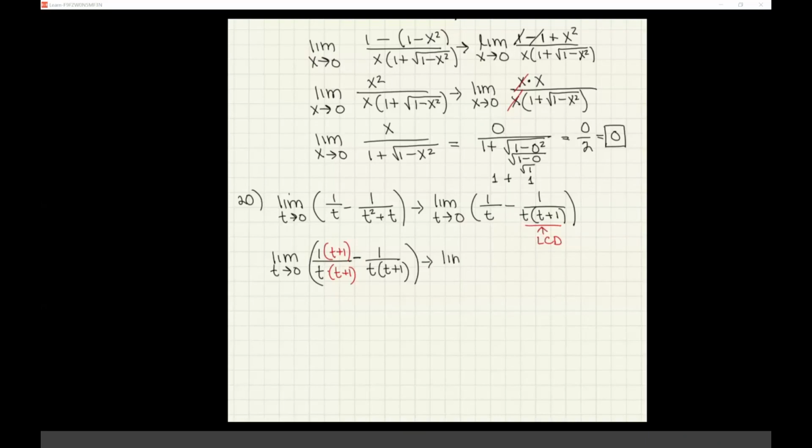So here's what this is now. I have t plus 1 on the top minus 1. Okay, remember how you subtract fractions. You subtract the quantities in the numerator like that, and you write them over your common denominator.